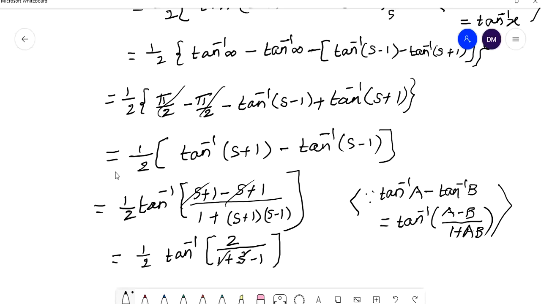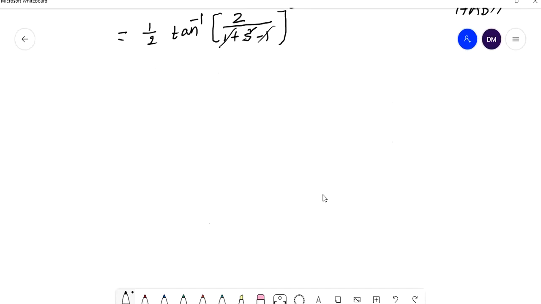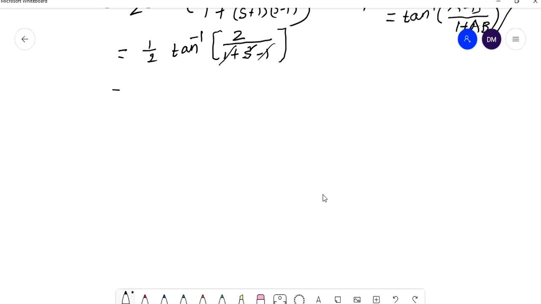Here plus 1 minus 1 is cancelled. Then the next step is 1 by 2 into tan inverse of 2 by s square. So this is the value of L of sin ht into sin t by t.